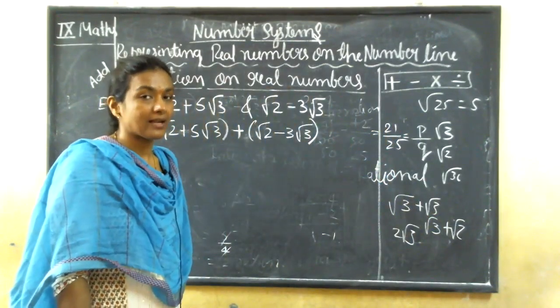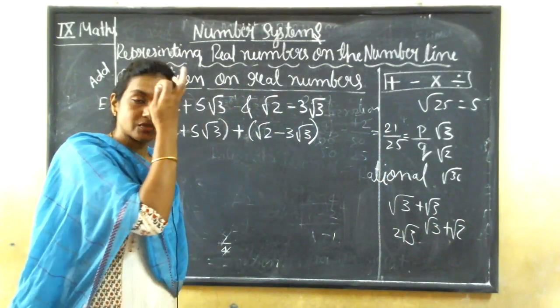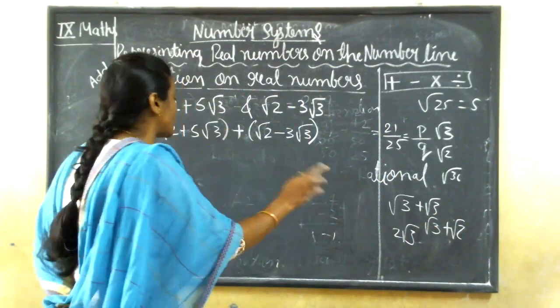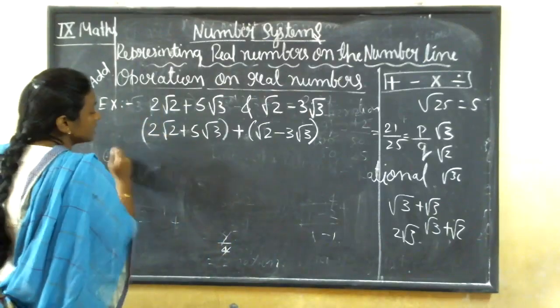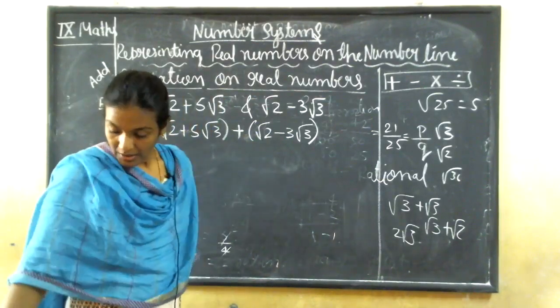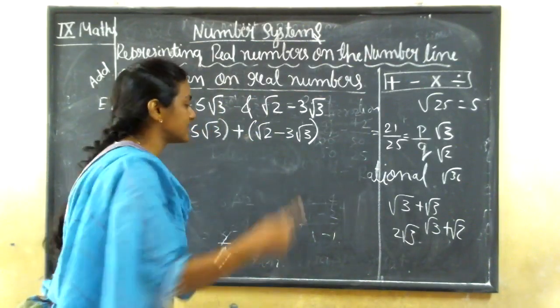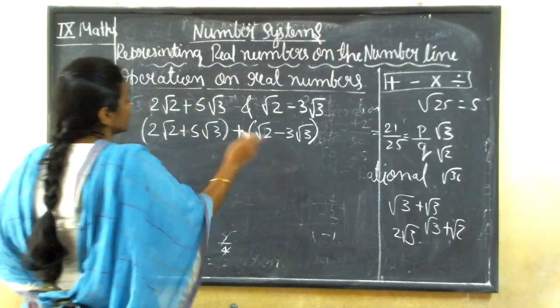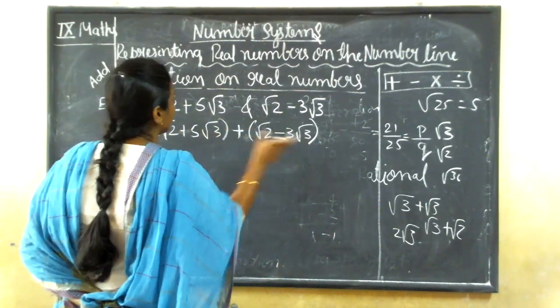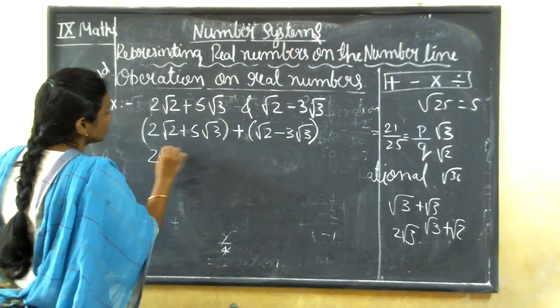No, you cannot add them because inside the square root the numbers are different. That is one rule. All the rules I have given in a PDF also, guys. Don't worry about that. Next concept we'll see in those rules. So here what we need to do is separate them wherever the values are there. 2 root 2.